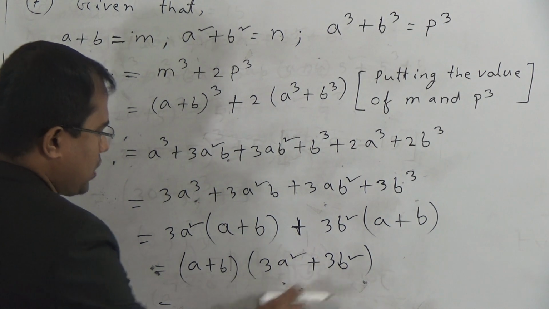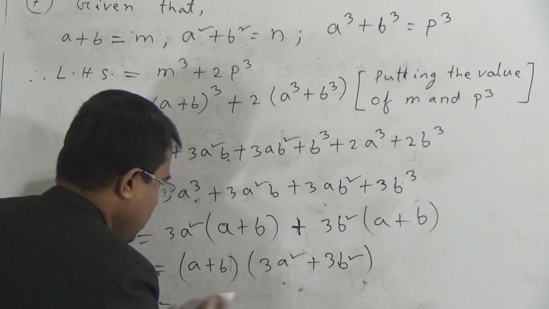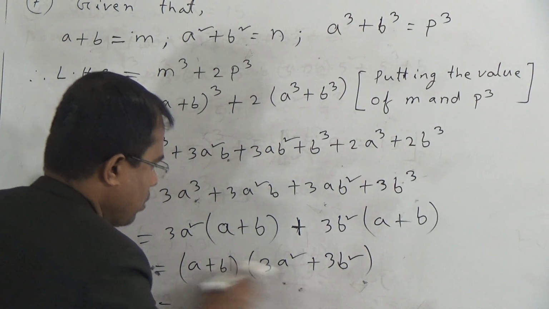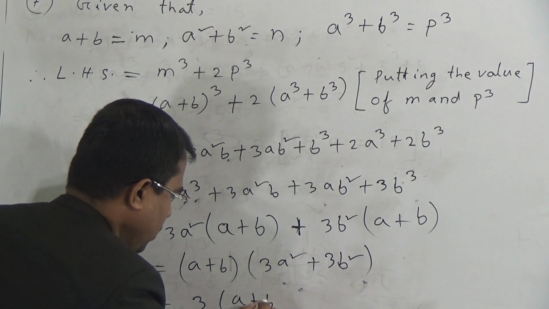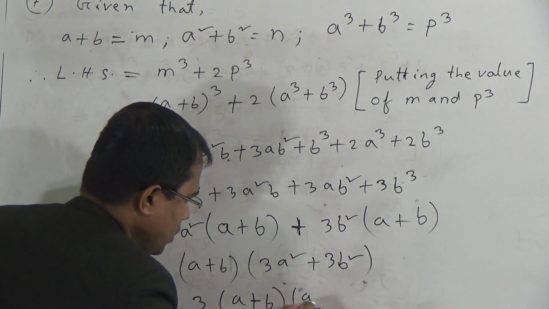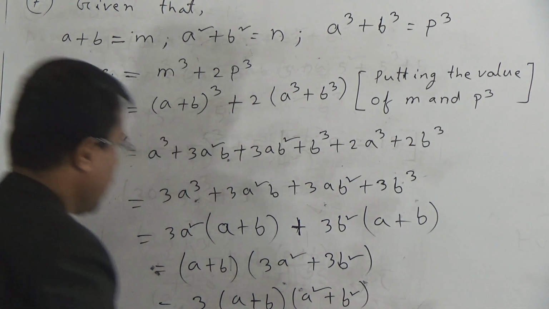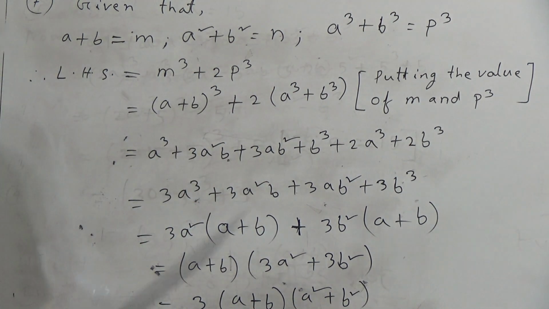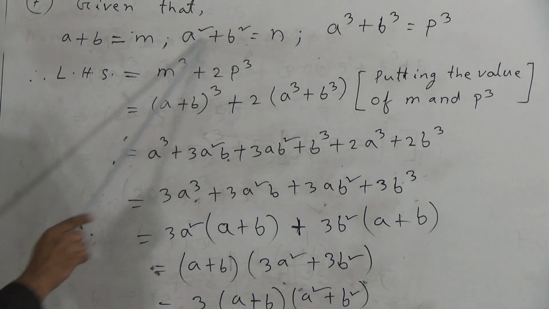Here in 3a square plus 3b square, 3 is common, so we can write 3 outside of the bracket. That means 3 into (a plus b) into (a square plus b square). Now the value of a plus b is m, and a square plus b square is equal to n.